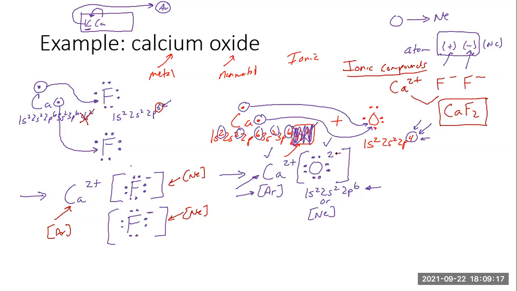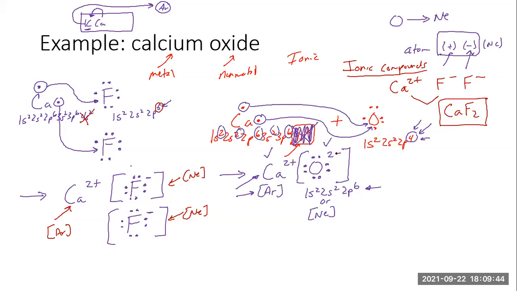And that's why when we do naming and writing ionic compounds and formulas, we always want to balance out all the positive charge and all the negative charge to equal 0, and we always want to do that in the simplest way possible. The basis of that really is the bonding part here. It is to get everybody to reach a noble gas configuration.